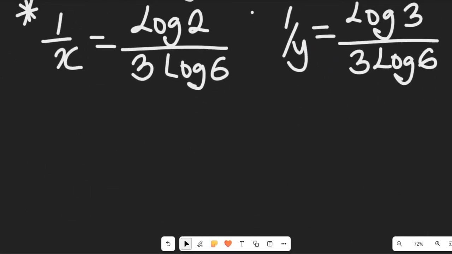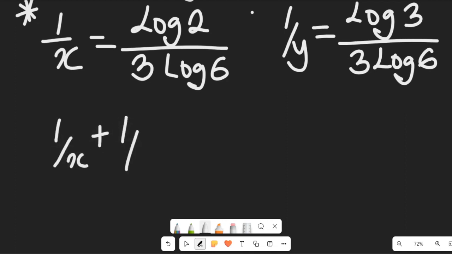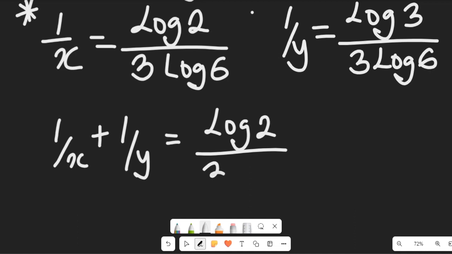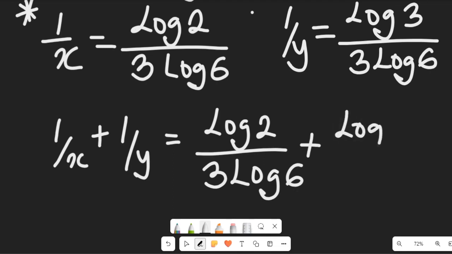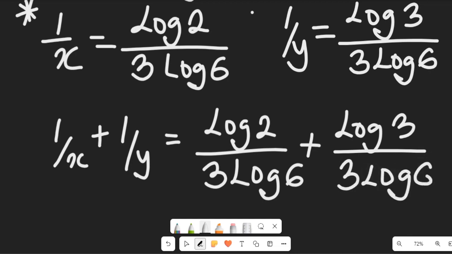So if we bring that together as a common term, 1 divided by x plus 1 divided by y will now be equal to the log of 2 divided by 3 log of 6 plus log of 3 divided by 3 log of 6.